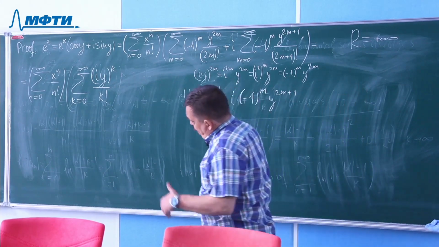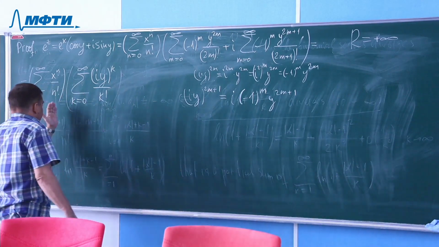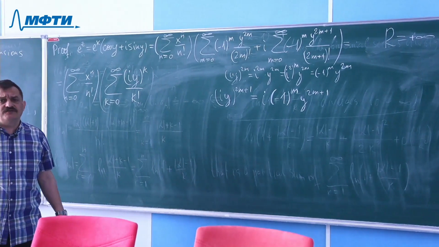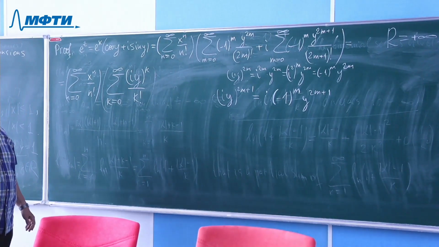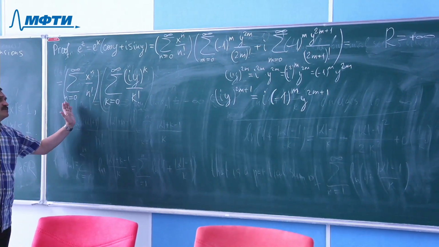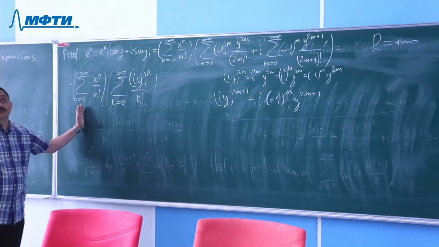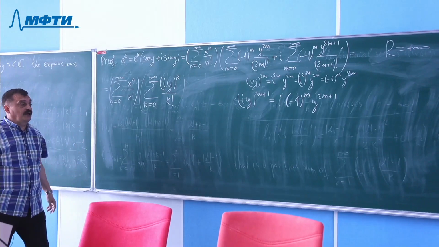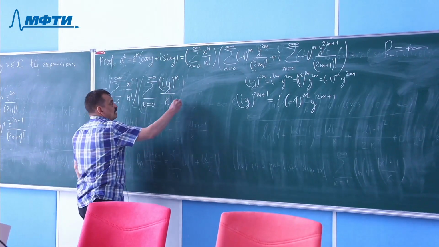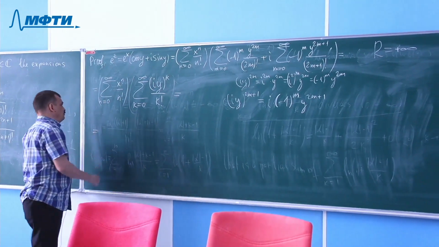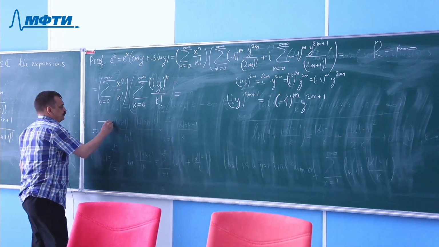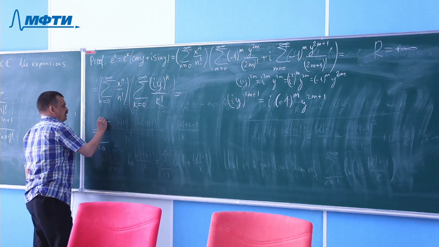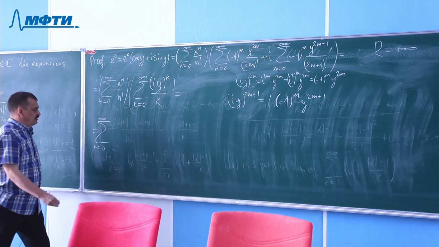Okay. Now, as I said, both series have infinite radius of convergence. Hence, both are absolutely convergent for all values of x and y. And we can multiply in arbitrary order. And I prefer to do it by Cauchy multiplication. So what is Cauchy multiplication?